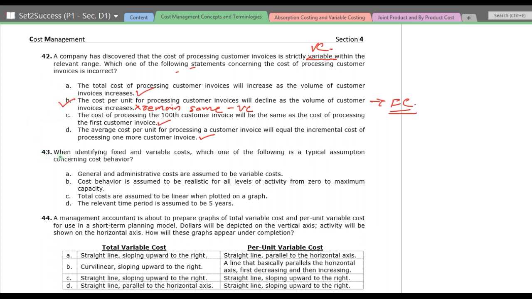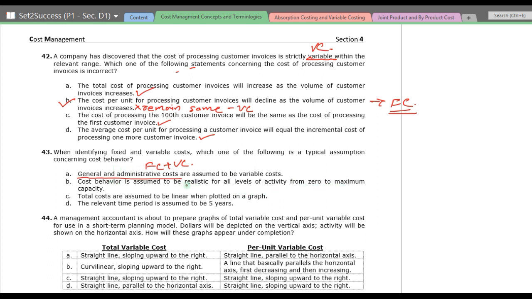Next, when identifying fixed and variable costs, which one of the following is a typical assumption concerning cost behavior? General and administrative costs are assumed to be variable costs? No. General and administrative costs can be fixed cost and they can be variable cost as well. Cost behavior is assumed to be realistic for all levels of activity from 0 to maximum capacity?